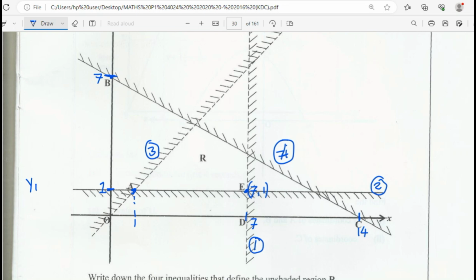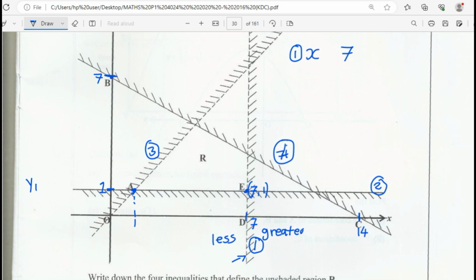Our first one is simple. We can see that the one we've chosen as our first is cutting the x-axis at 7. Now, the right side of any vertical line is considered to be greater, and here is less.